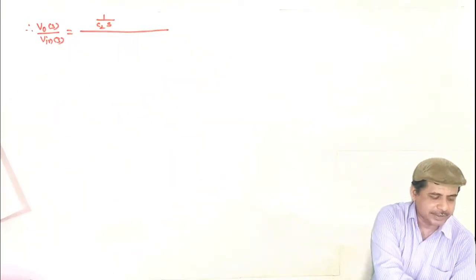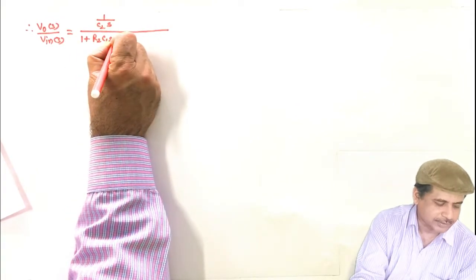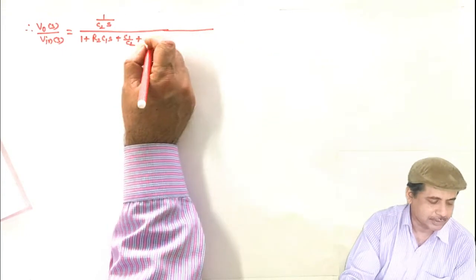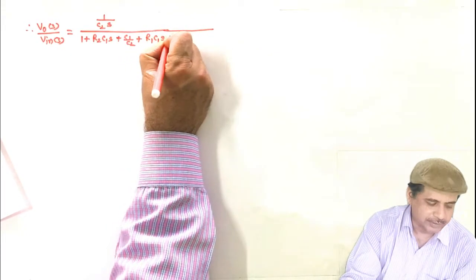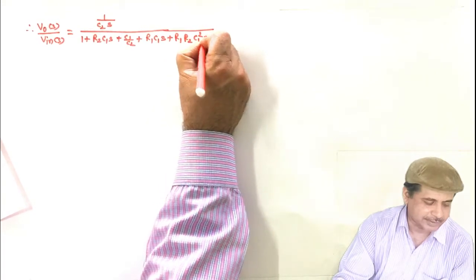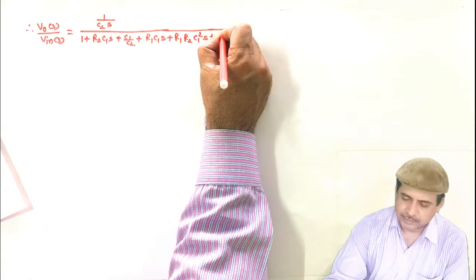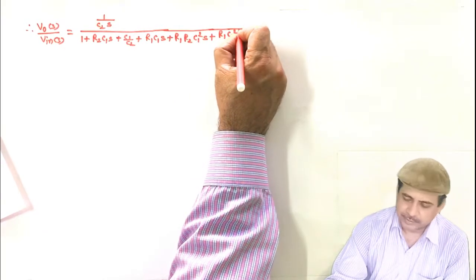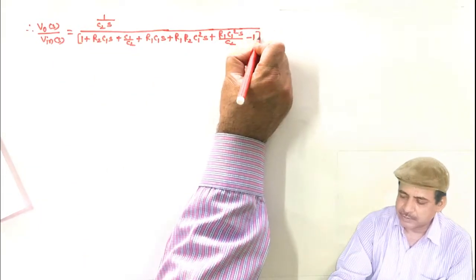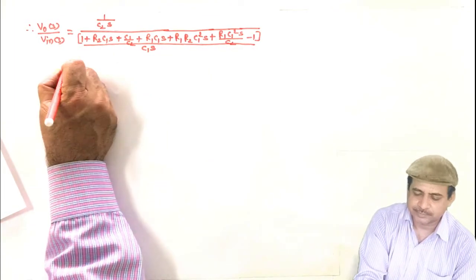C2s divided by 1 plus R2 C1s plus C1 by C2, then plus R1 C1s plus R1 R2 C1 square s plus R1 C1 square s by C2, minus 1, and this whole divided by C1s. So here this 1 gets cancelled.